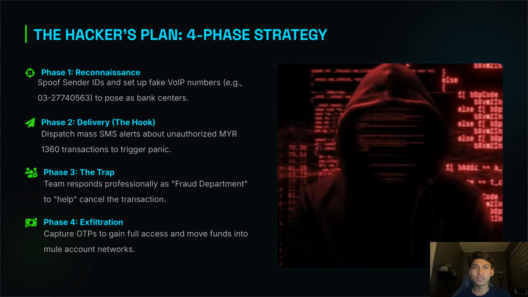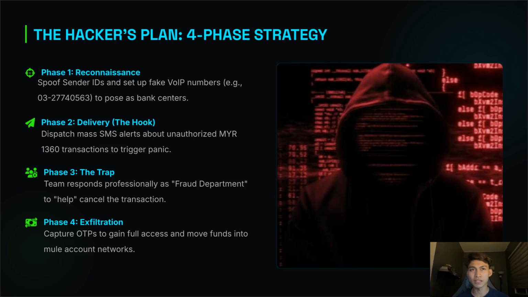The next slide is, to defeat an adversary, we must learn to think like one. If I were the hacker orchestrating these operations, my plan would follow a highly disciplined 4-phase strategy. Phase 1 is reconnaissance and setup. I don't just send a message randomly.